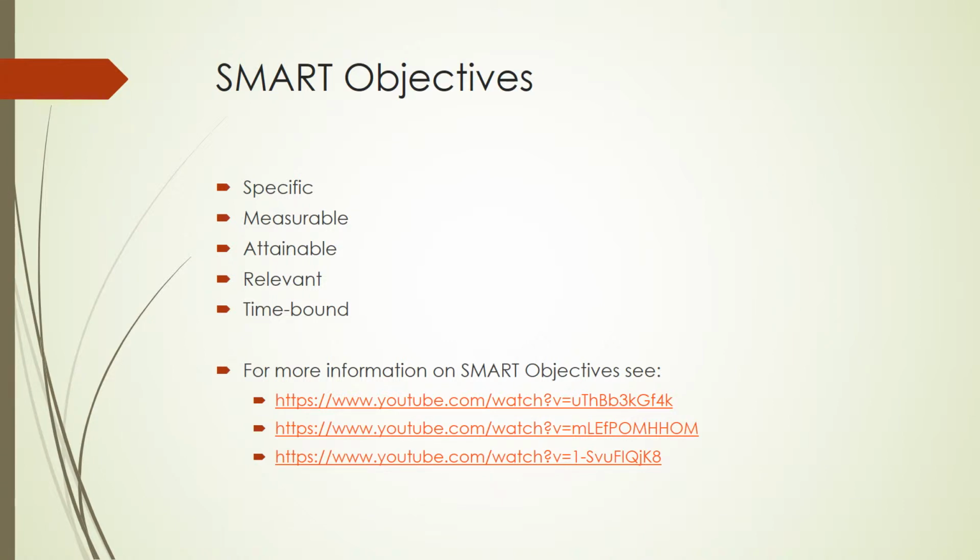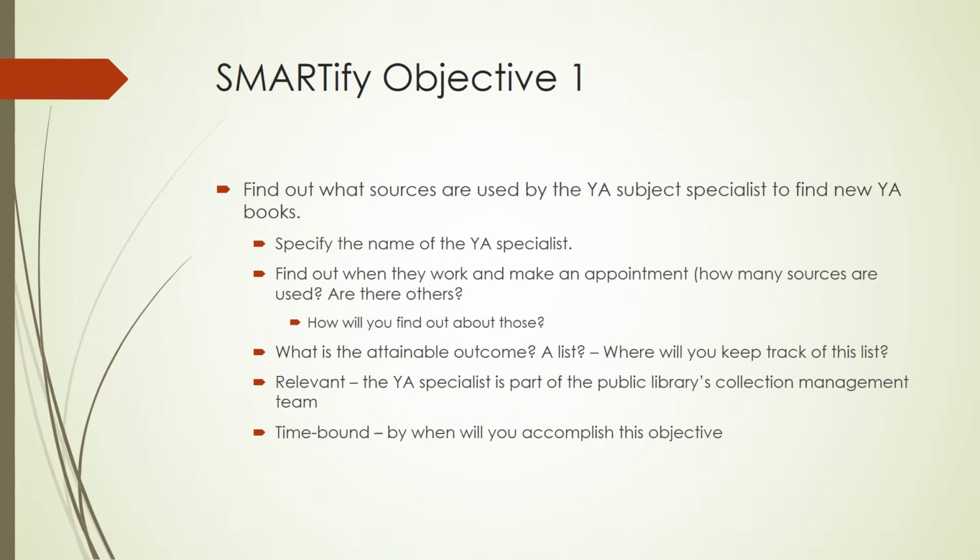We're going to make it measurable. We're going to make it attainable, which means you can finish it. We're going to make it relevant to the overall goal, the big broad goal of learning about collection management. And we're going to make it time bound. We're going to give a specific amount of time for you to achieve that objective.